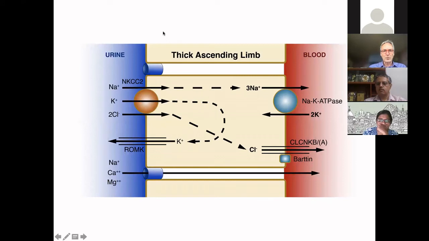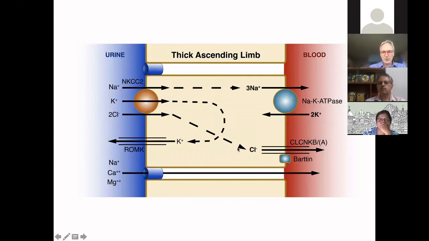There we are. So classic Bartter syndrome would be due to mutations here in this channel encoding this basolateral chloride channel. But this couple here, the sodium potassium 2 chloride co-transporter and the potassium channel, are still working. So they can still establish the transepithelial voltage gradient that allows calcium, magnesium and sodium reabsorption. So according to the textbook, patients with Bartter syndrome type 3 have normal calciuria, but clearly there are some patients who also have hypercalciuria.